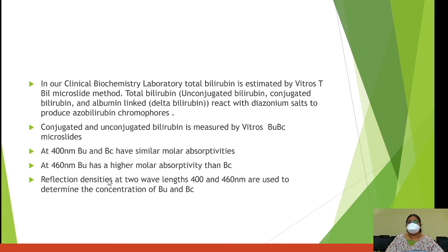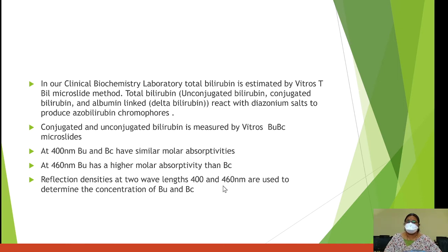So reflection densities at the two wavelengths, 400 nanometer and 460 nanometer, are used to determine the concentration of unconjugated bilirubin and conjugated bilirubin. So when we measure at 400 nanometer, both these bilirubins have similar molar absorptivity.